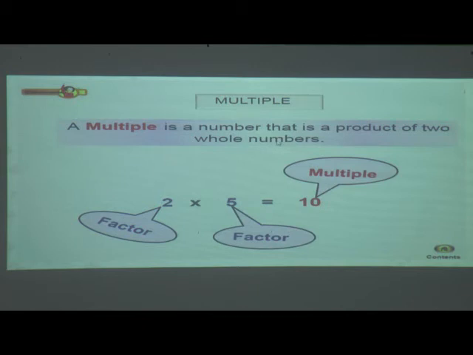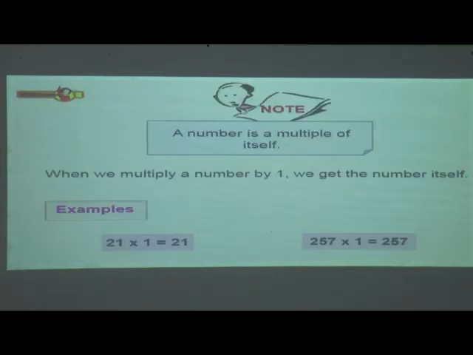Let us see in detail. Properties of multiples. A number is a multiple of itself. For example, when we multiply a number by 1, we get the number itself. So 21 multiplied by 1, we get the number itself.